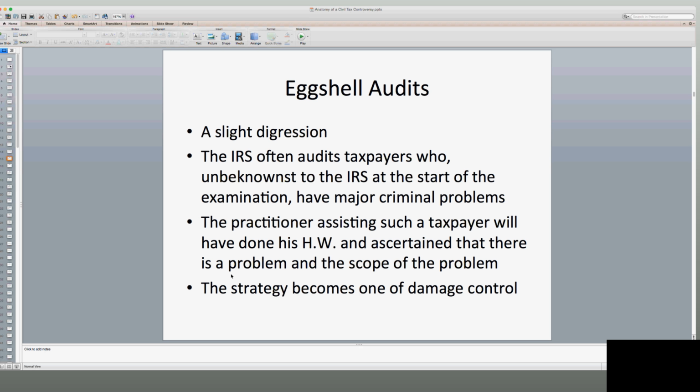So this isn't something where the tax practitioner is in a conspiracy with the taxpayer and knows all along that there's a fraudulent item on the return and has conspired or gone along with it.